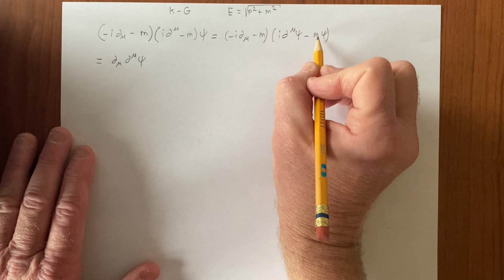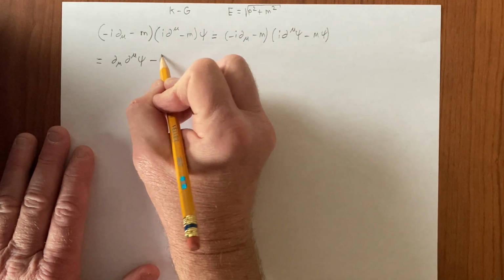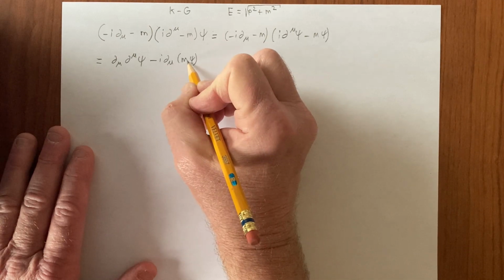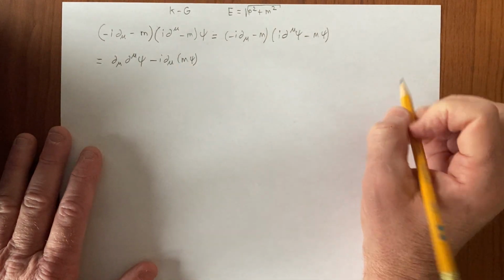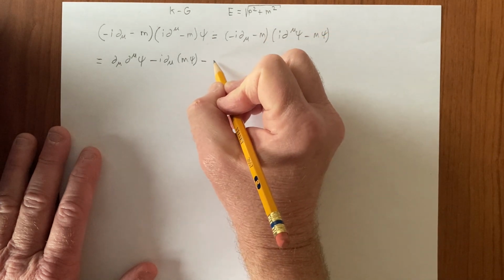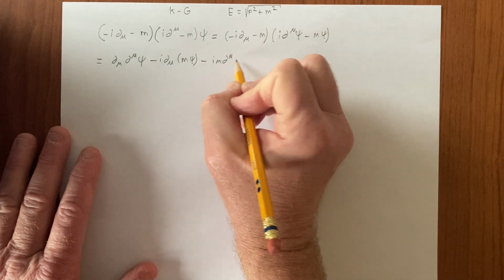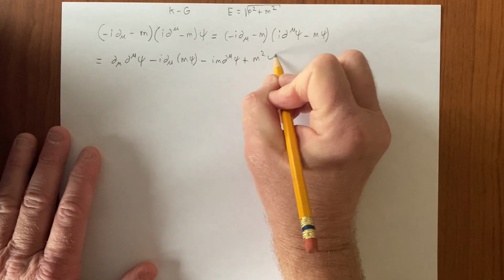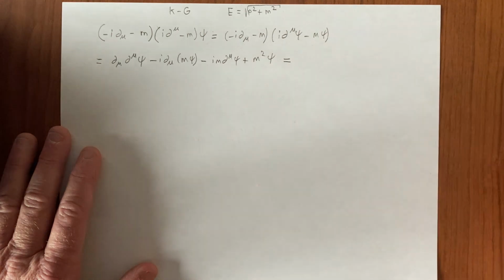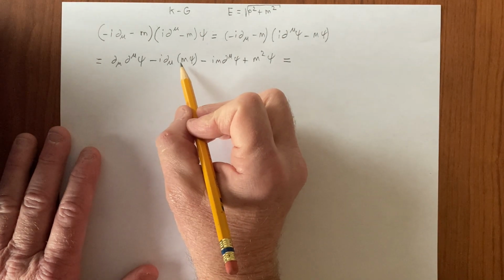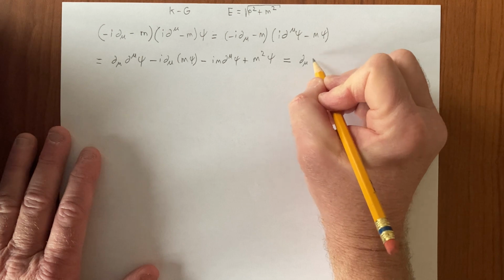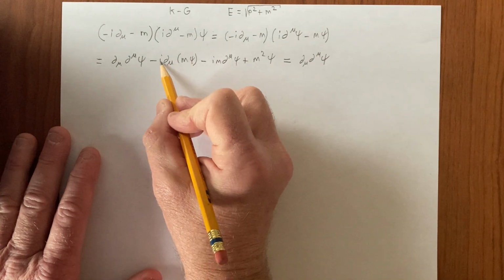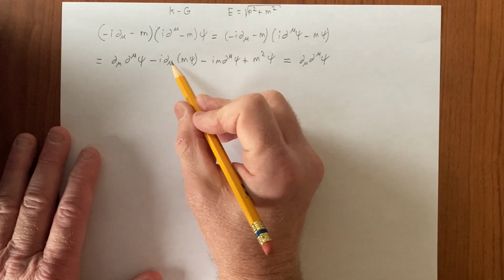Then we have this and this, so it's minus i d mu m psi. Of course, m's a constant, so it just comes out, goes along for the ride. Now we're here, minus i m d mu psi, and then we have plus m squared psi, and that's equal to d mu psi. Here, let's pull the m out, and so we have an im here, so we have d mu.